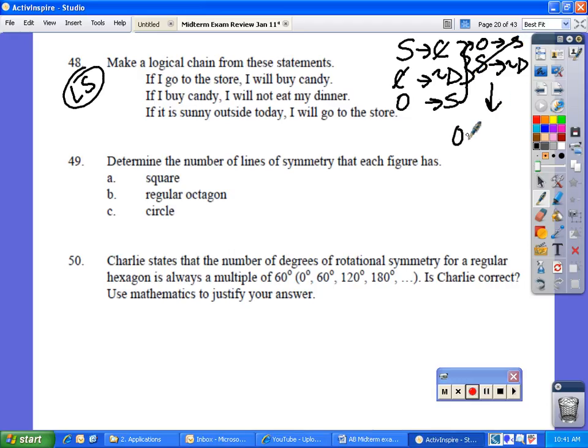So this statement really can be boiled down to this logical chain, which says, if it is sunny outside, then I will not eat my dinner.